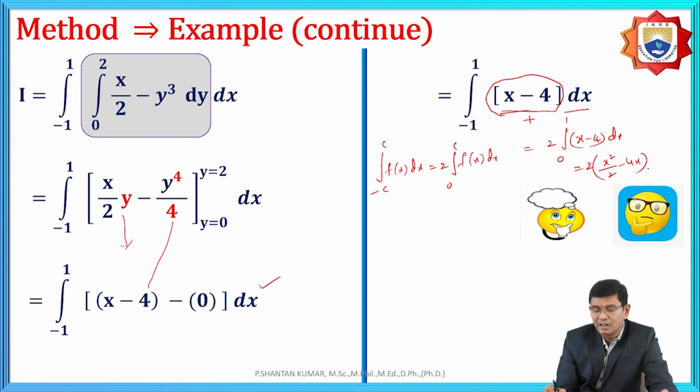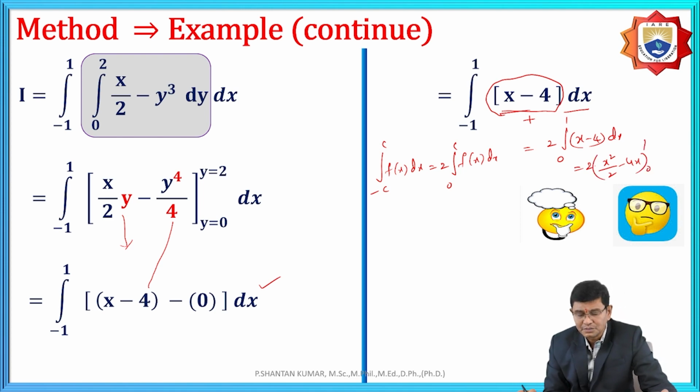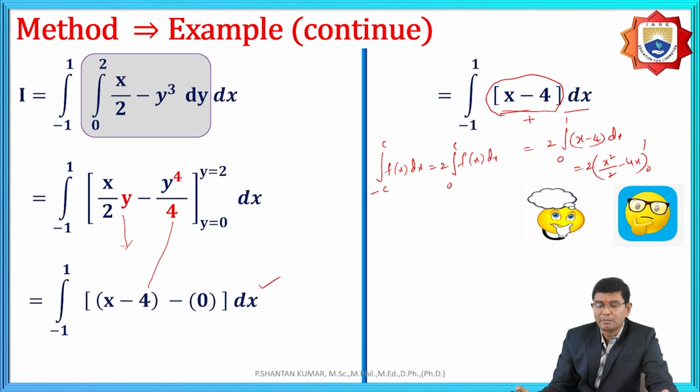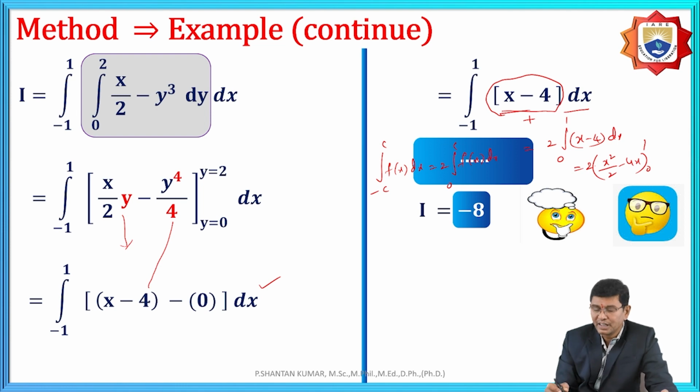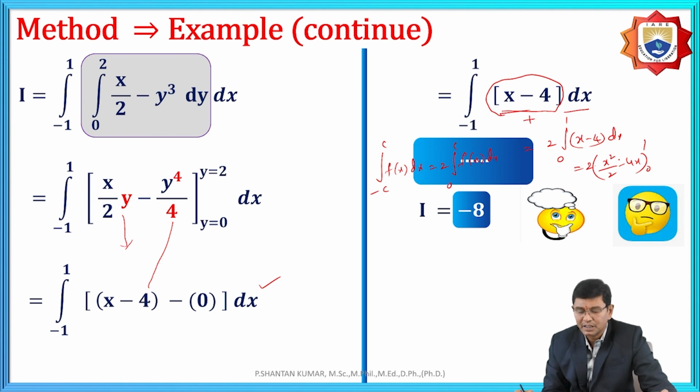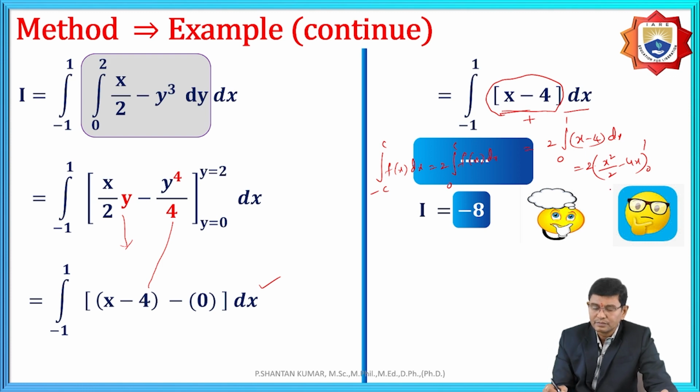And based upon this, the integration is 2 into x square by 2 minus 4x, with limits 0 to 1. That means after replacement of the upper and lower limits, the value should be clearly minus 8. Because the 2 is cancelled, the upper limit is 1 minus 4, and here 2 into x square by 2 is x square, minus 8x, with limits 0 to 1.